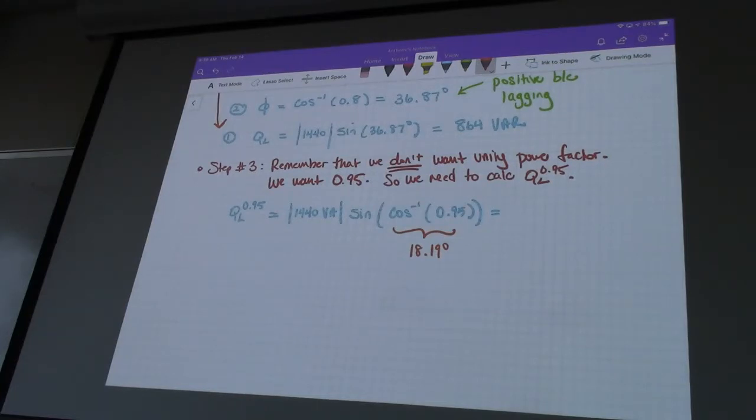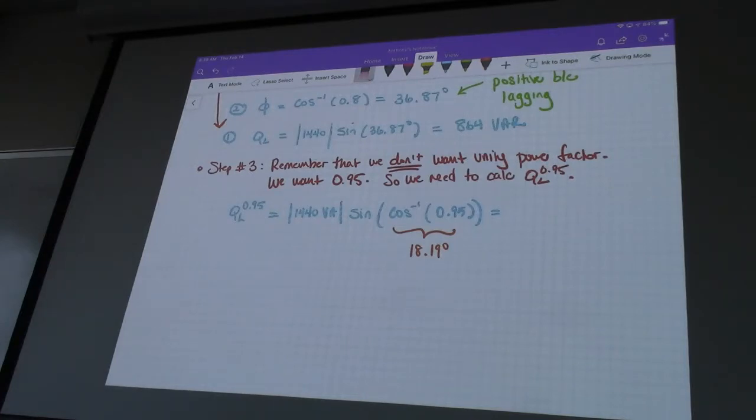So when we go from the first condition to the second condition, we need to ask ourselves, what is it about the load that's going to stay constant going from the 0.8 to the 0.95 case? The real power consumption. Okay?